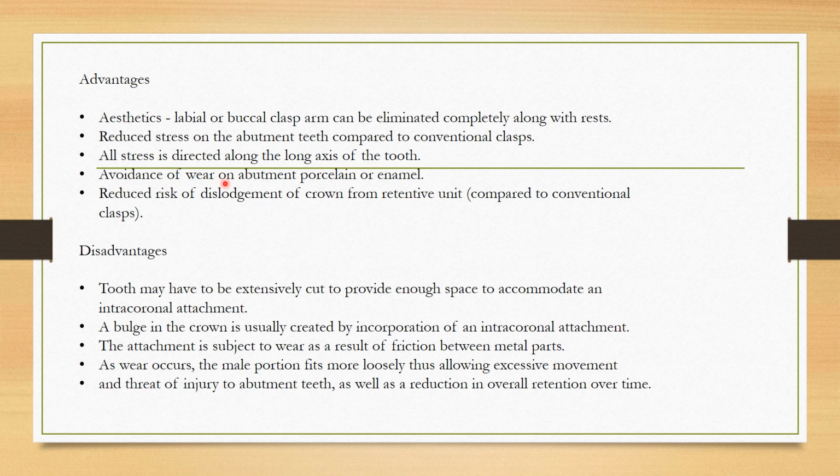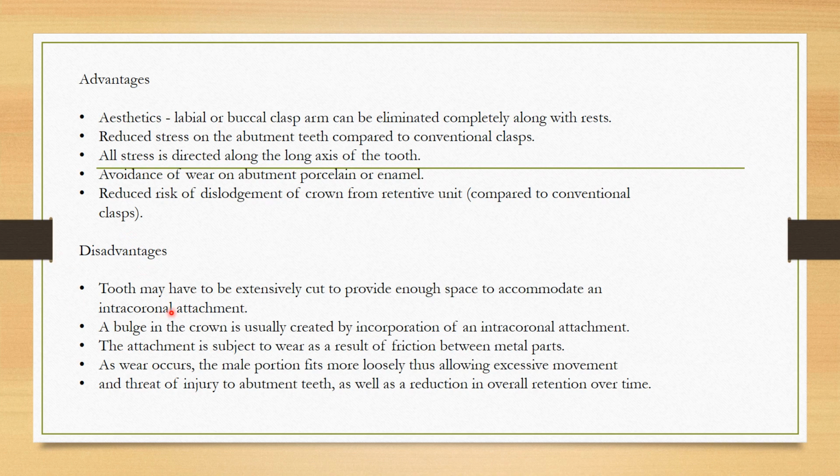Then avoidance of wear on abutment porcelain or enamel, and reduced risk of dislodgement of the crown from the retentive unit. We have three systems of retentive unit, as we have discussed: bar and clip, ball and socket, and key and keyway. It will enhance the retention of any prosthesis.